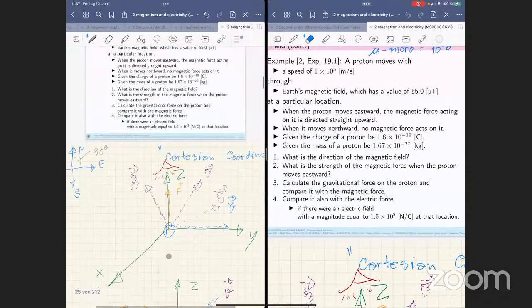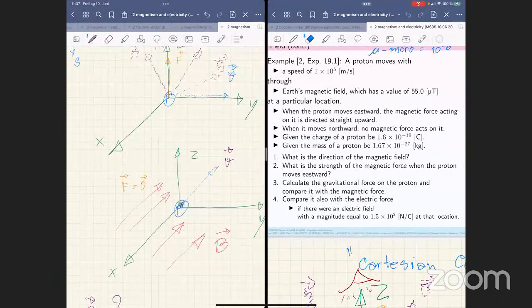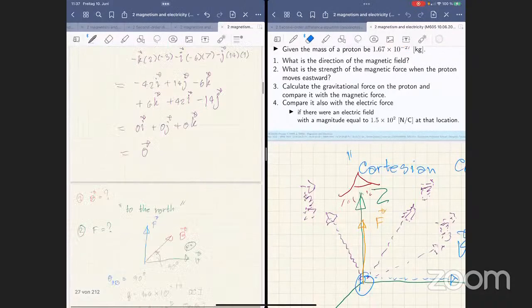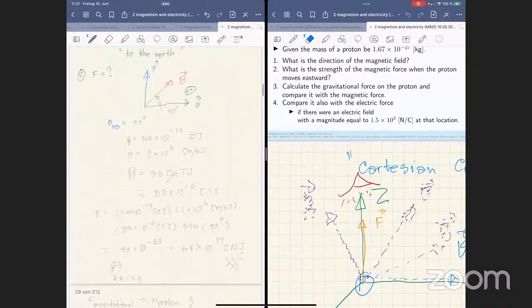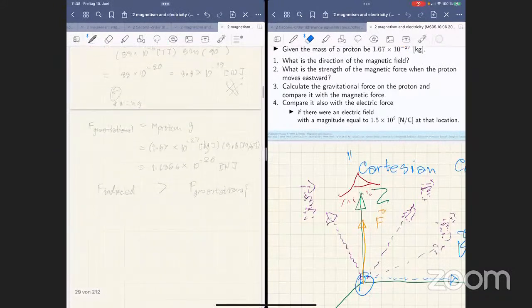If you have an electric field somewhere here, we can find a force, right? It's the Coulomb force actually in the fourth problem. Yeah, comparison.